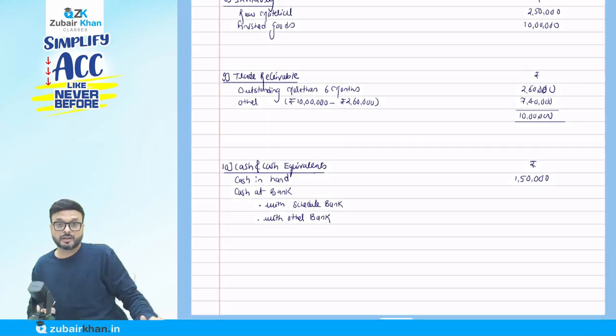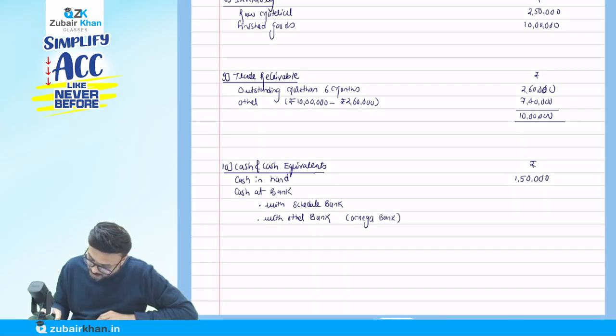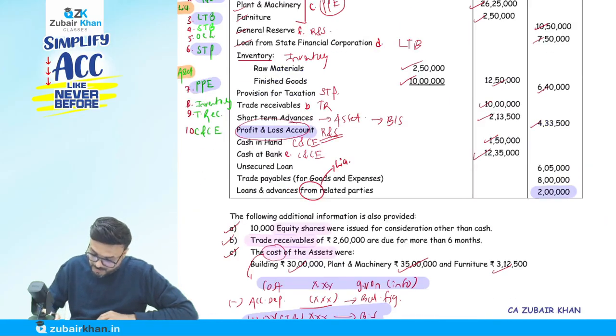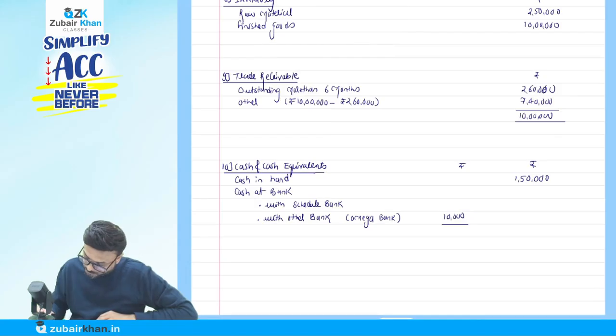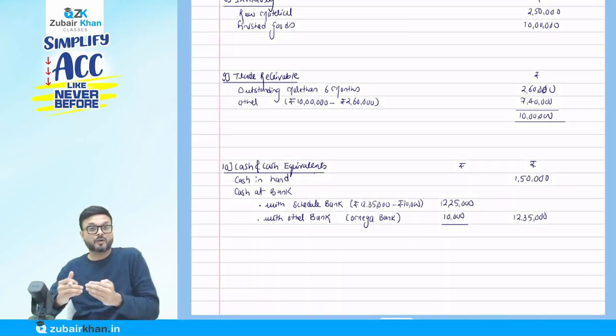With the other bank, they have given the name there, Omega Bank. We have a bank balance of 10,000. How much is the total given in the trial balance? It is 12,35,000. So I will write it down in the inner column, 12,35,000. Can we find how much we have with the scheduled bank? Yes, it is the balancing figure. 12,35,000 is the total bank balance and 10,000 is with the other bank. So the balance will come to 12,25,000. This is how we have to present that.